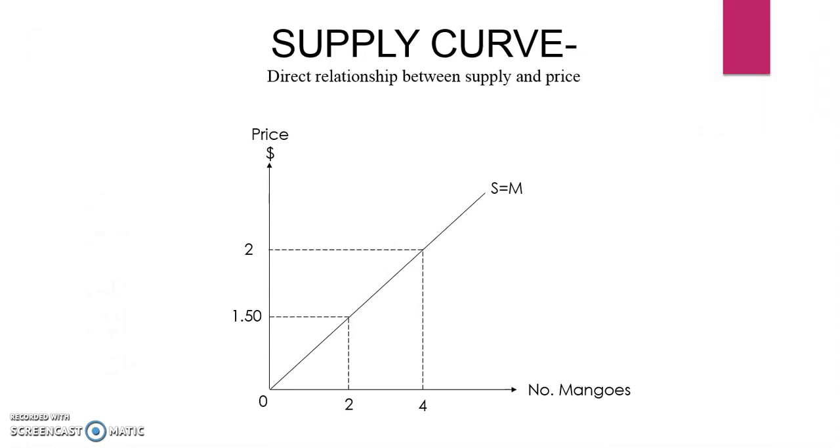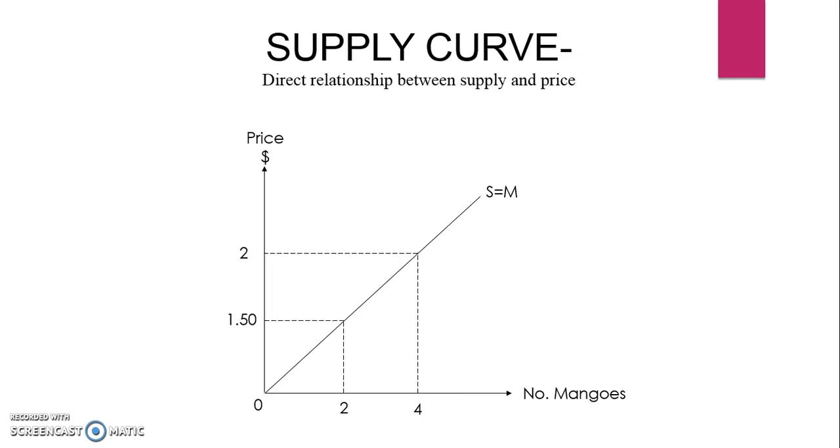This curve looks familiar, but it looks like it's another direction. This is the supply curve, and the supply curve has a direct relationship between supply and price. Therefore, we say if price increases, supply will increase.